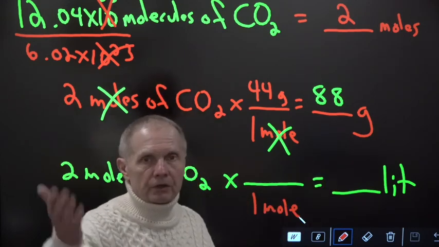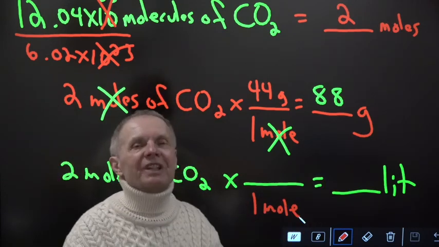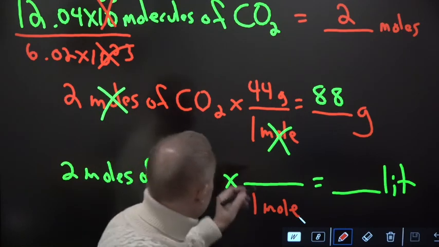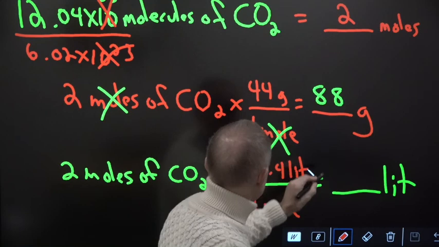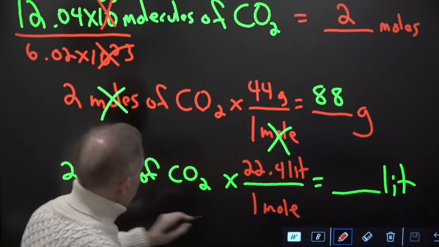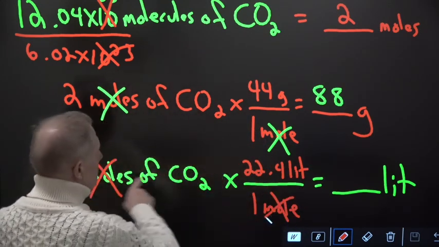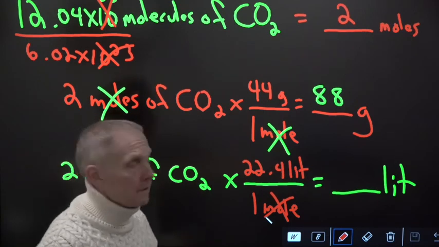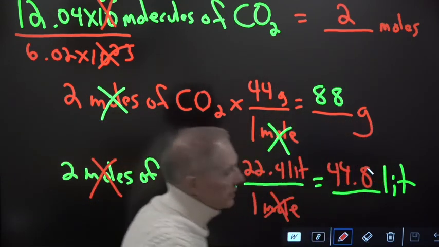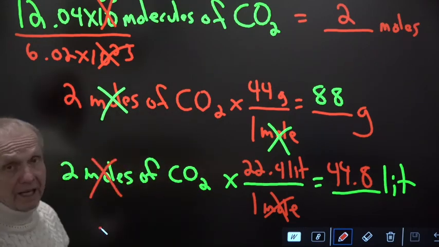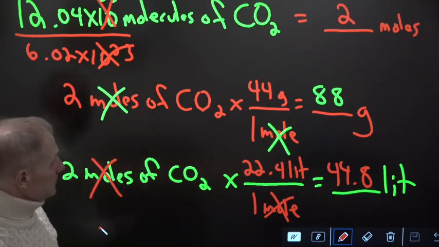Whatever you want to get into goes on top. 1 mole is equal to 22.4 liters. So moles cancel out with moles. 2 times 22.4, that's 44.8 liters. 44.8 liters would be your answer.